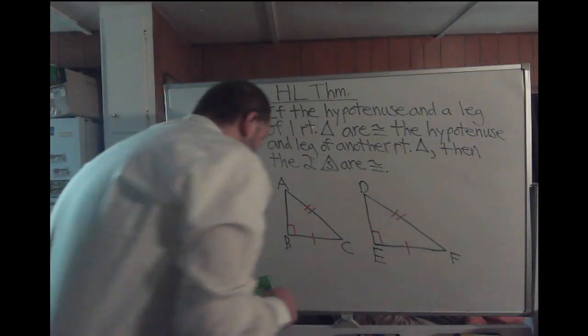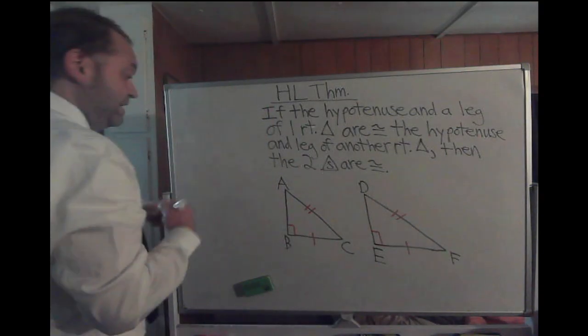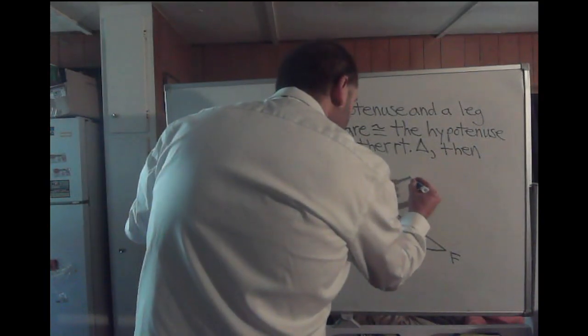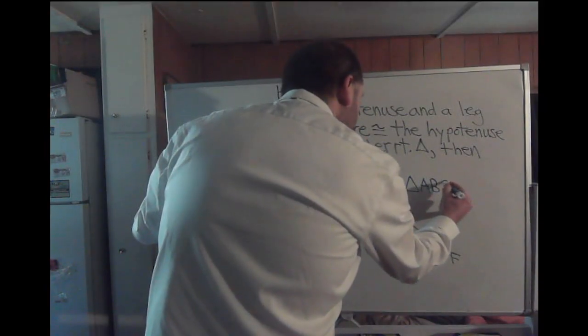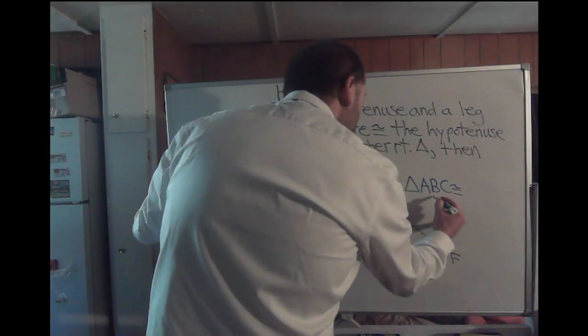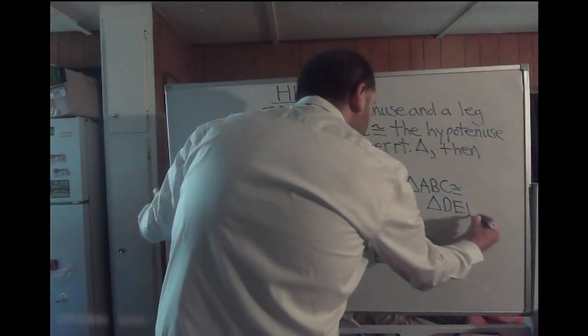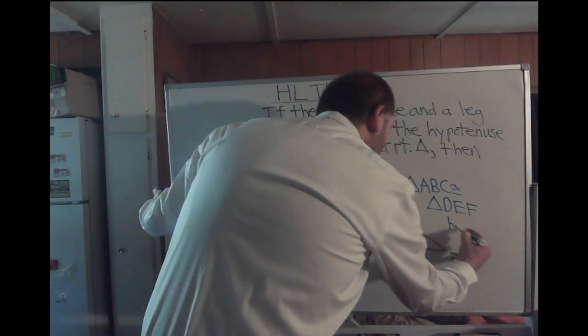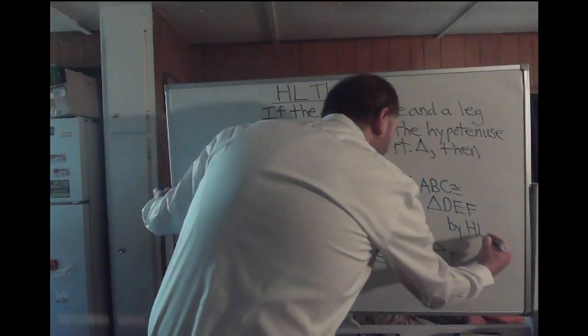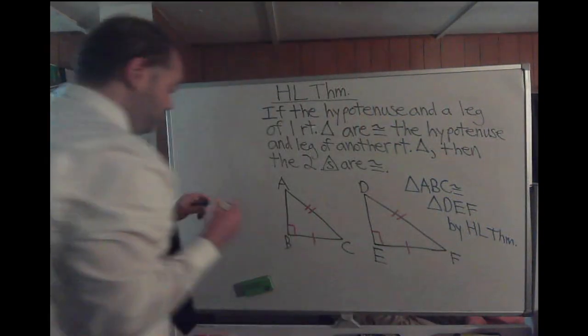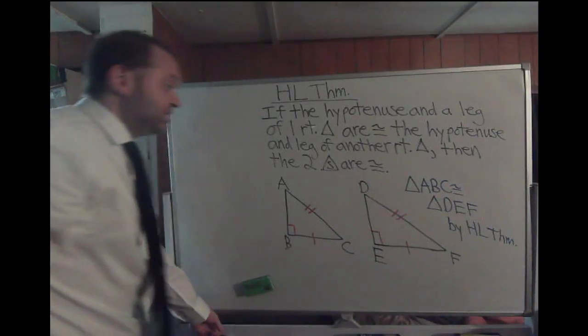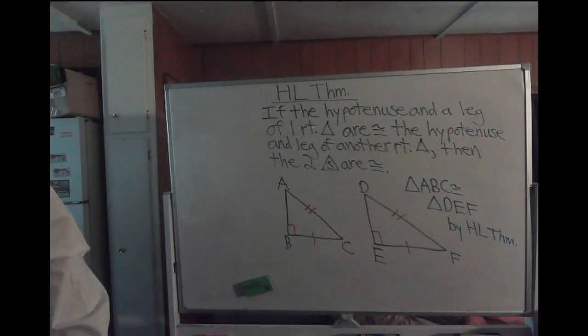Well, by the HL theorem, that allows me to conclude that triangle ABC is congruent to triangle DEF by the HL theorem. So that's what the hypotenuse-leg theorem states. And it actually is kind of a nice shortcut, honestly.